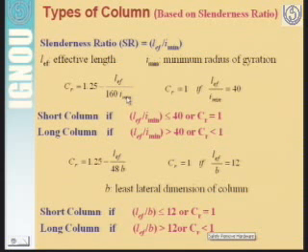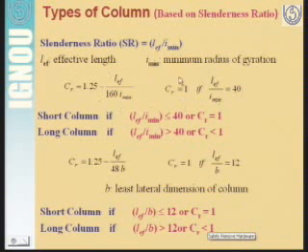This is I minimum. For columns of non-rectangular and non-circular shape, we use this formula, where the CR factor is defined as 1.25 minus effective length divided by 160 times the minimum radius of gyration, I minimum. If the ratio L effective divided by I minimum is 40, then CR is 1.